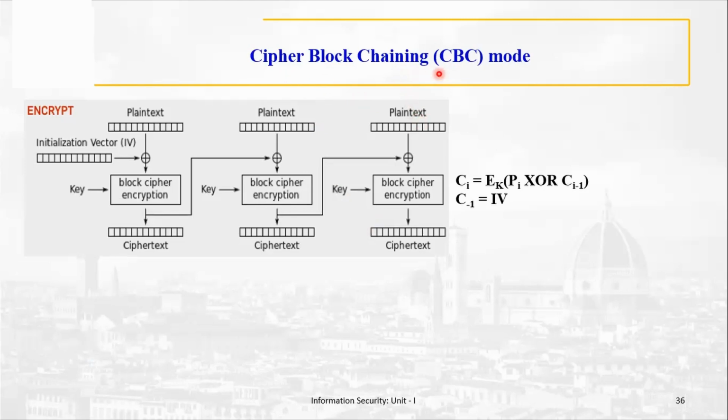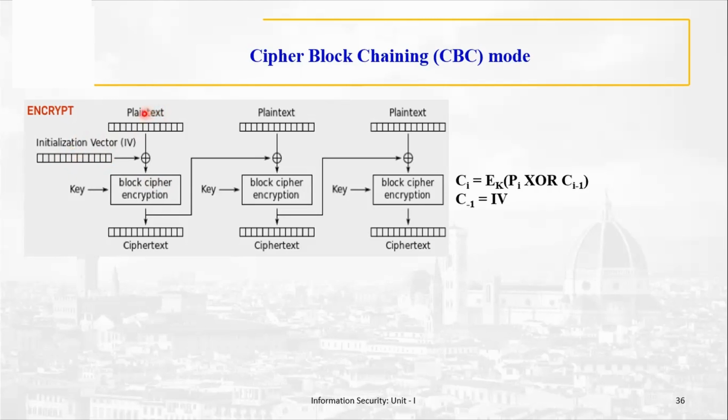Now what happens here is, there is one term used, the initialization vector, that is IV. This is random data which has to be generated by the encryption algorithm.